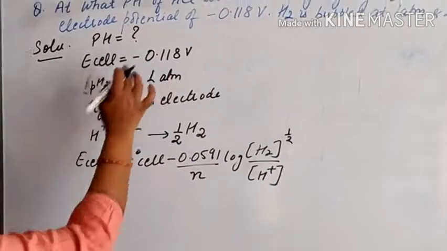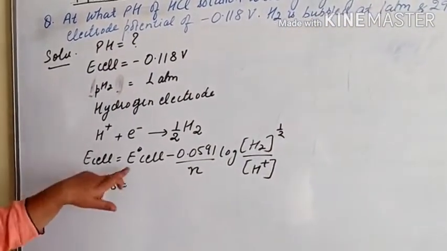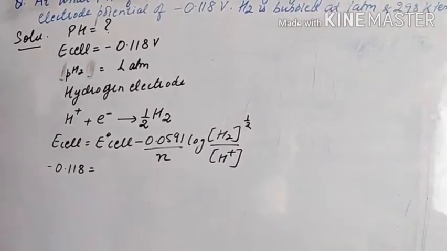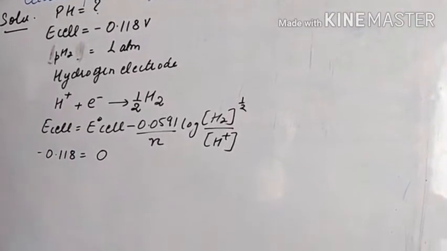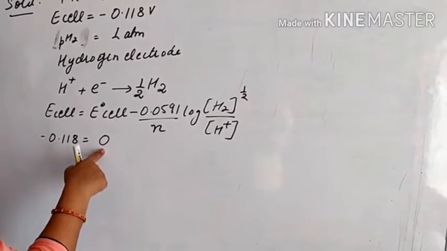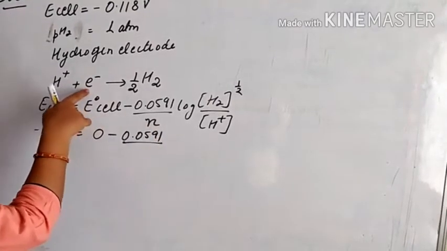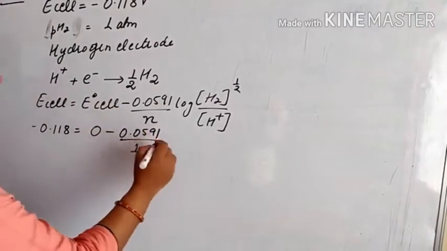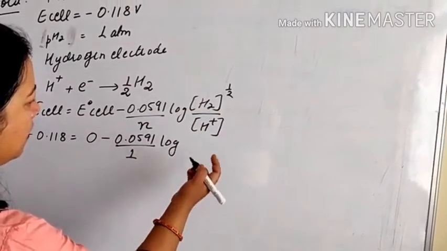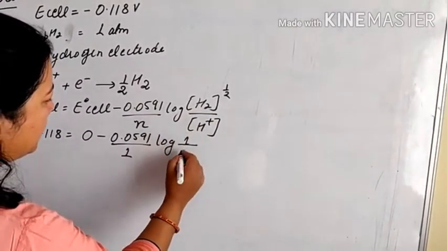Now E cell is given in the question, it is minus 0.118, and by convention E naught cell, that is the standard electrode potential of the hydrogen electrode, is taken as 0. So for SHE, E naught cell is equal to 0, therefore we can write this value as 0 minus 0.0591. The number of electrons as per the equation is 1, so we can write 1 here. The log of H2 to the power half can be replaced by 1, and H+ ions.